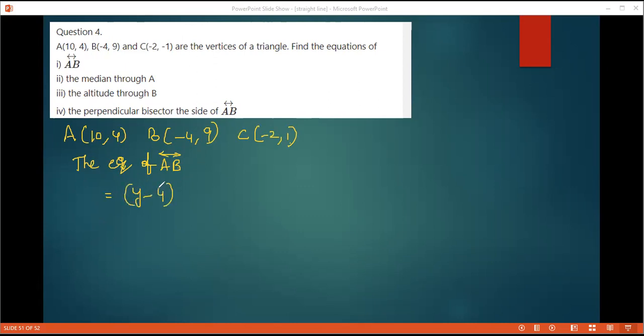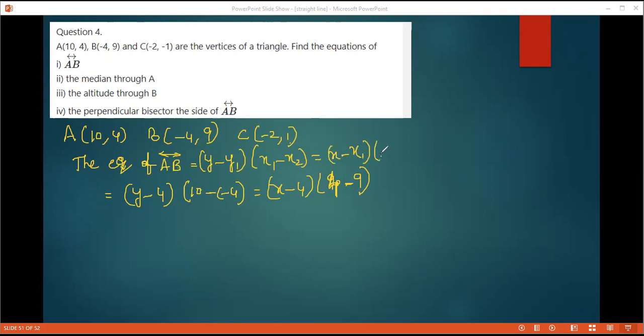First I will write the form: (y - y1)(x1 - x2) = (x - x1)(y1 - y2).